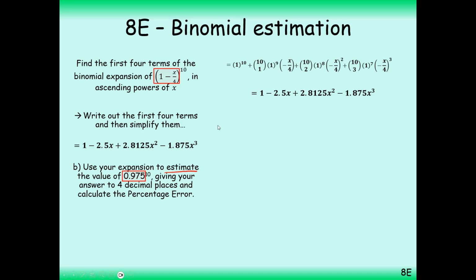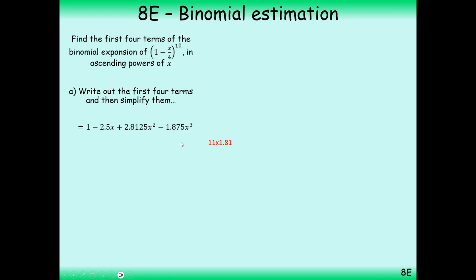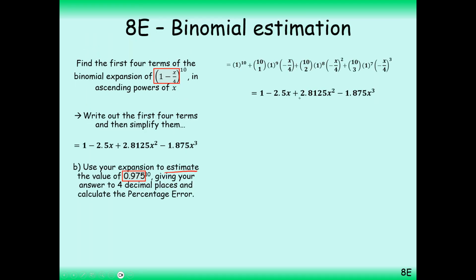So what we said here is these two brackets or these two values are raised to the power of 10. So we can take the 10th root here and set them equal to each other. 1 minus x over 4 will have to equal 0.975. Solve for x. This is going to tell you what value of x to substitute.